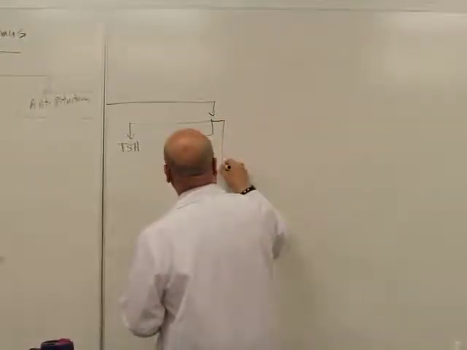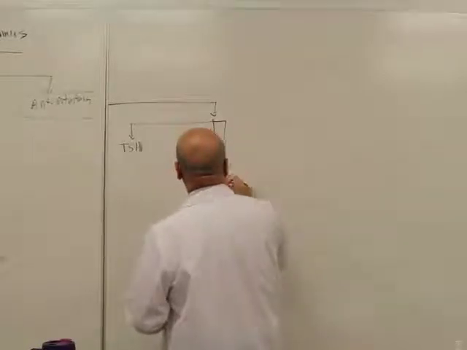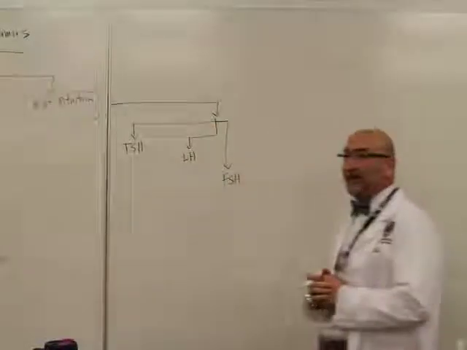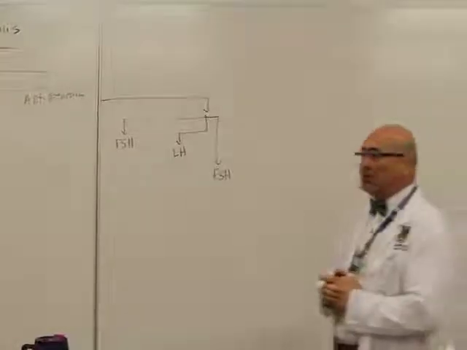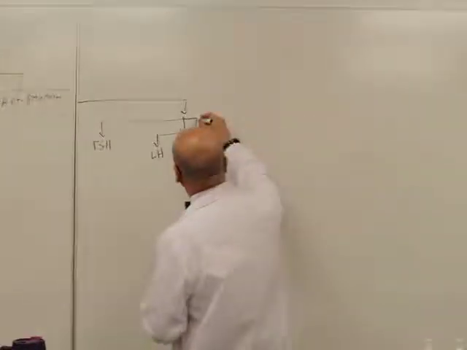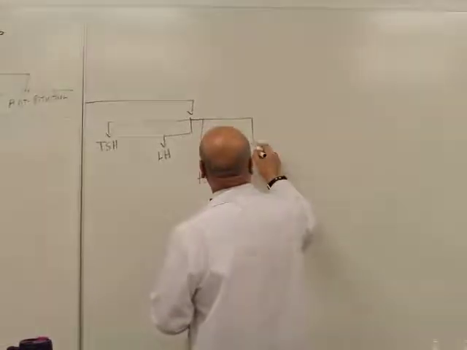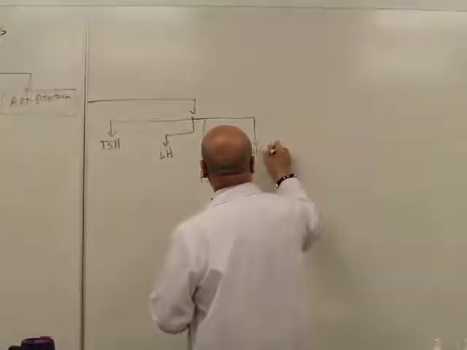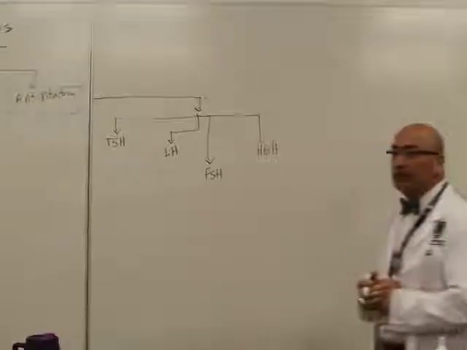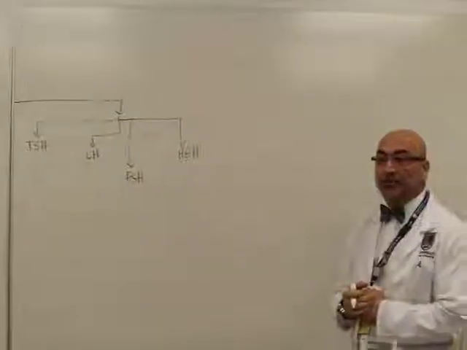You get to have follicular stimulating hormone, FSH, right? We get to have human growth hormone coming from anterior pituitary.